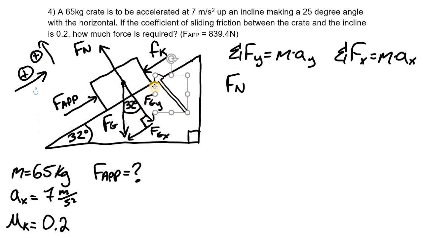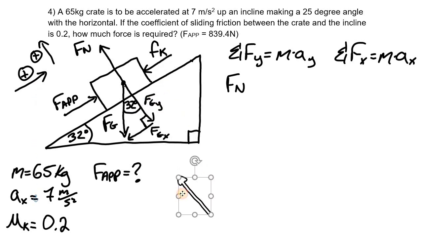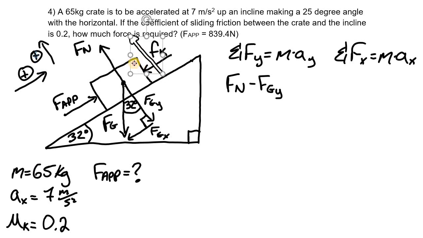No, but we do have acting in the opposite direction, our FGY. Are there any other forces? Let's scan with our pencil. Nope, and that looks to be about it, right? Okay. And once again, is our object moving up or down in this direction whatsoever? No, it's moving in this direction. It's going up the incline. So therefore, the acceleration in that direction is going to equal 0, and 0 times any number is equal to 0.